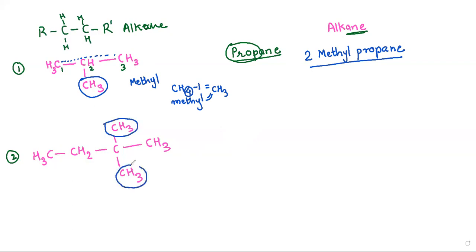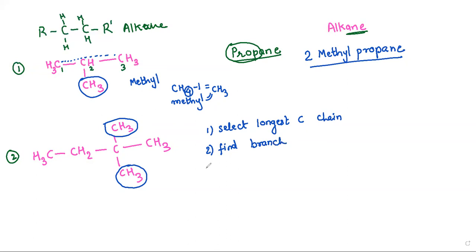Now what I have to do is number the carbon atoms in such a way that first we select the longest carbon chain. So I have selected the longest carbon chain, that is the skeleton. Second is to find the branching, and then you have to name it accordingly.